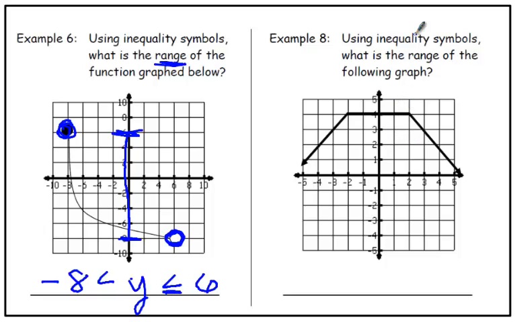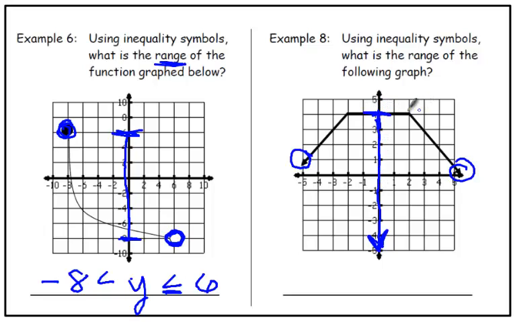Then we can look at this one. It's similar to the second one on the previous page. The lowest value is going to be way down there at negative infinity, because these arrows say this graph goes down forever. And then it goes up, up, up, up until this point right here.